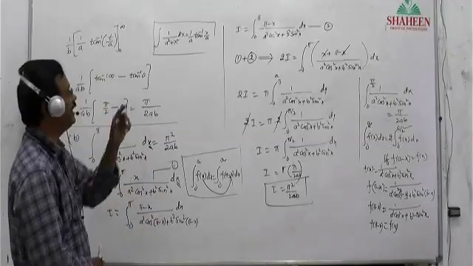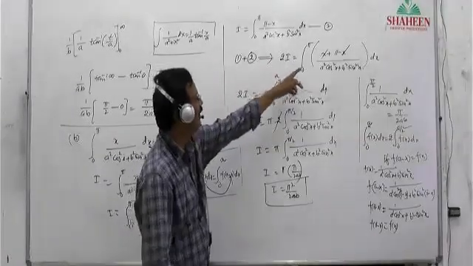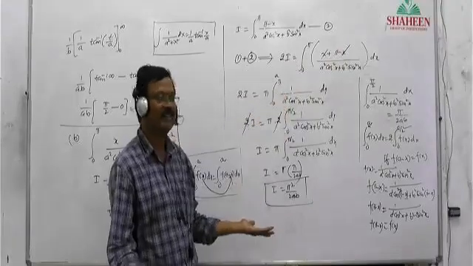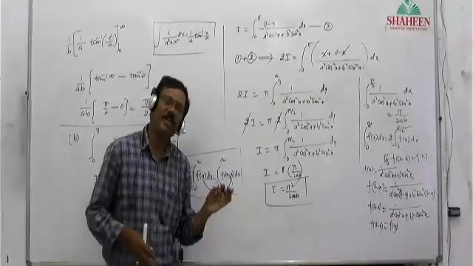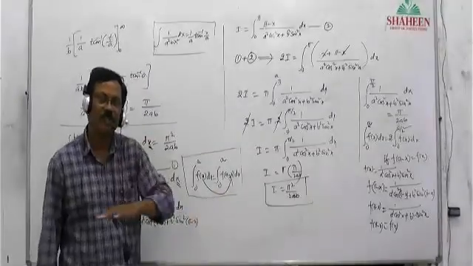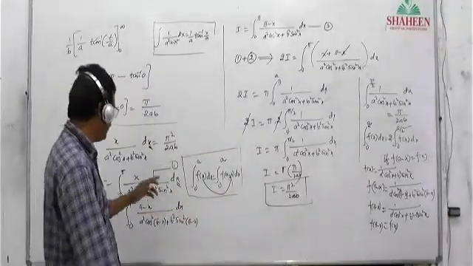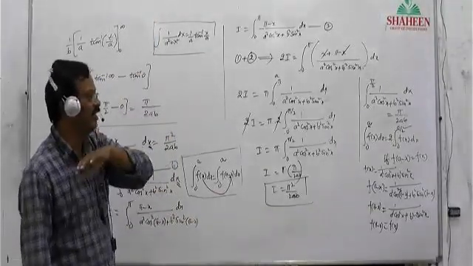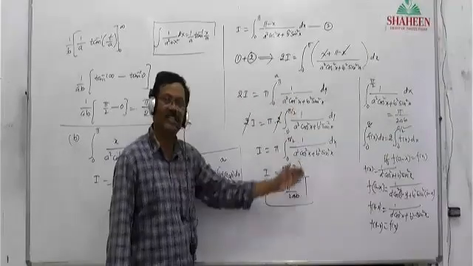How is x eliminated? x is cancelled by adding 1 and 2. Now x is not there. That's why in any problem like this, we apply this method only. First, we eliminate x by writing the sum of 1 and 2. Definitely x will be eliminated and finally we will get the solution.